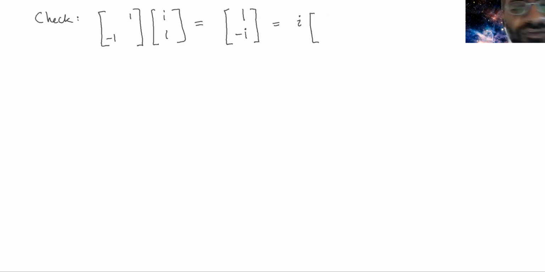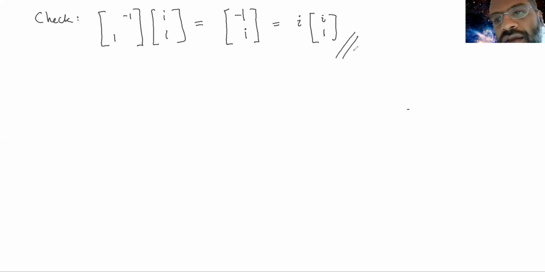I put the minus sign in the wrong place, sorry. So this is (-1, i), which is just i times the vector (i, 1). So it is indeed an eigenvector.